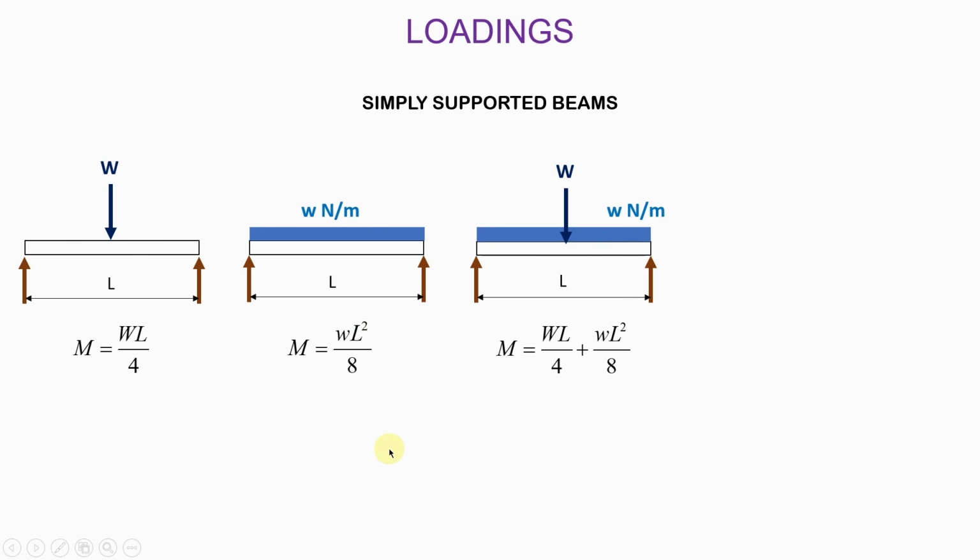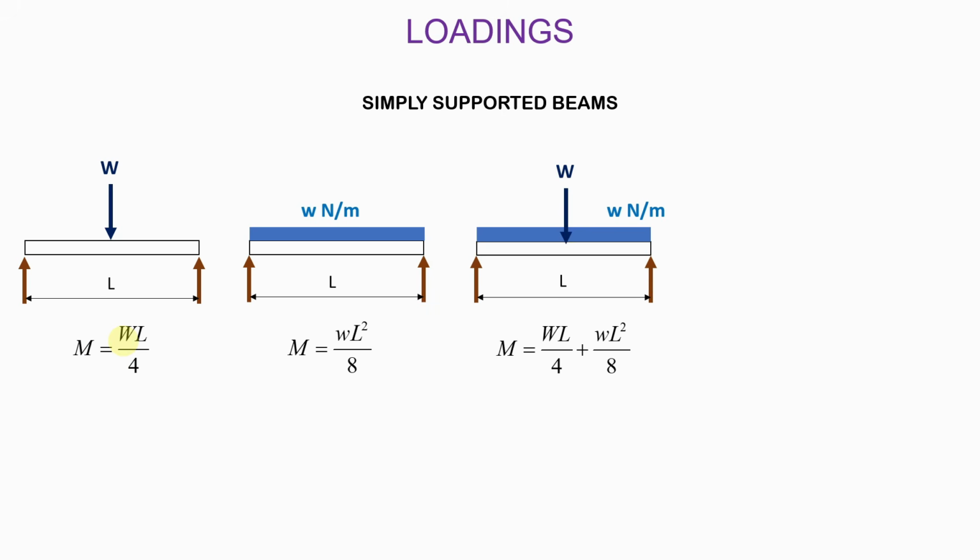Now, I need to point out to you that this case that you have here is a case where the point load is acting exactly at the middle of the length of the beam. So when we have a point load acting exactly at the middle of the length of the beam, then the moment of resistance or the bending moment is given by this equation here.